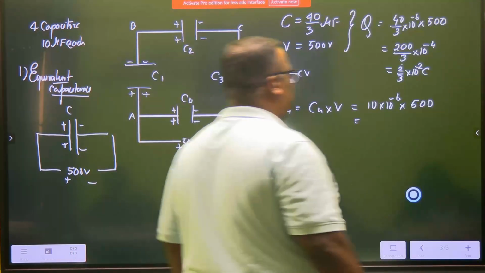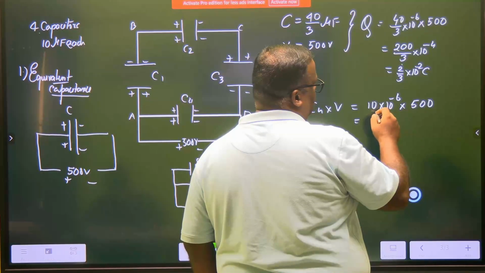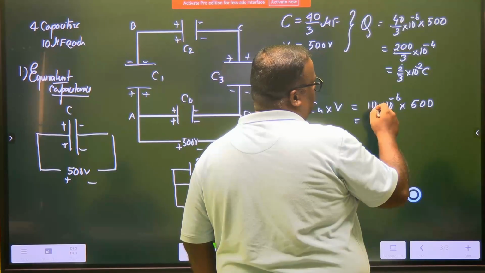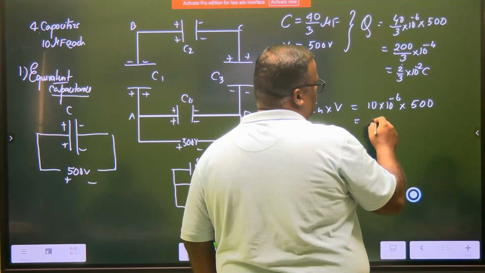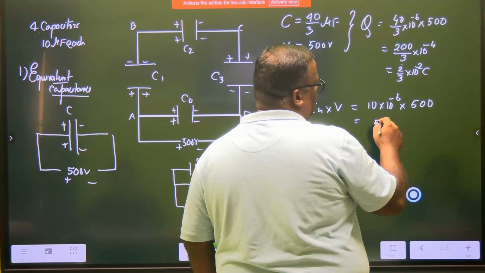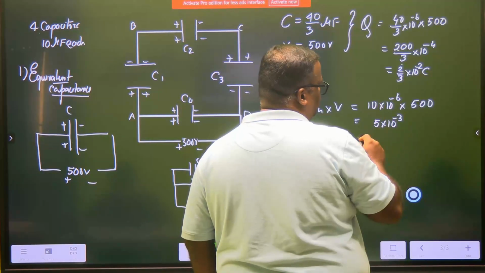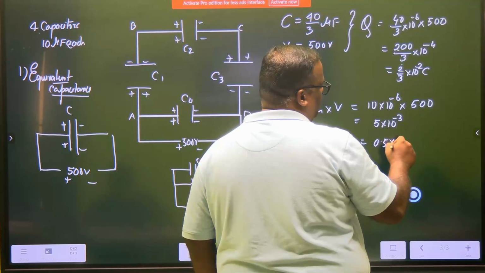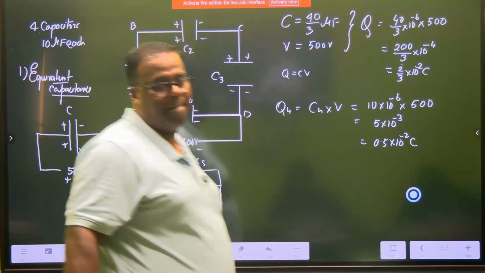Just check. So this is 1 2 3, 5000 into 10 to the power minus 6. So it becomes 5 into 10 to the power minus 3. To make it minus 2, how much should it be? It should be 0.5 into 10 to the power minus 2 coulomb. Agreed?